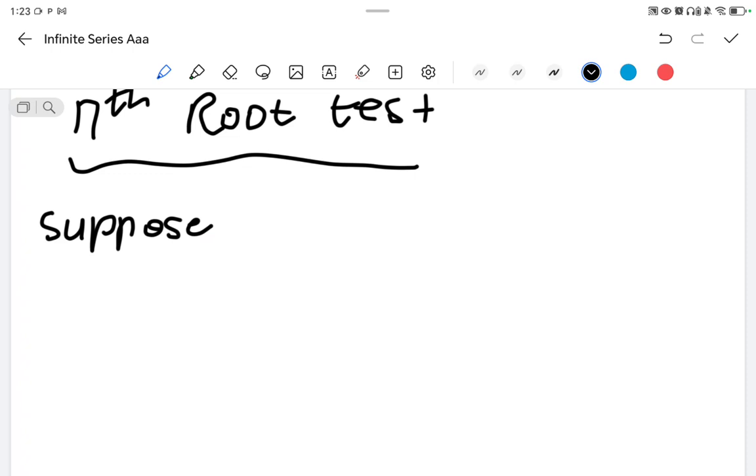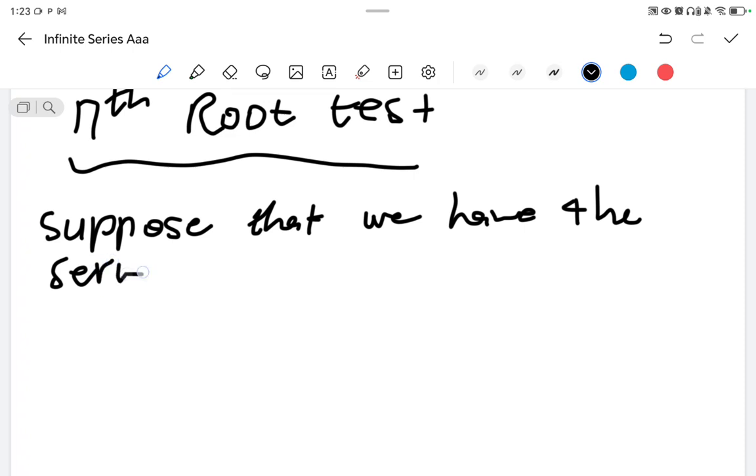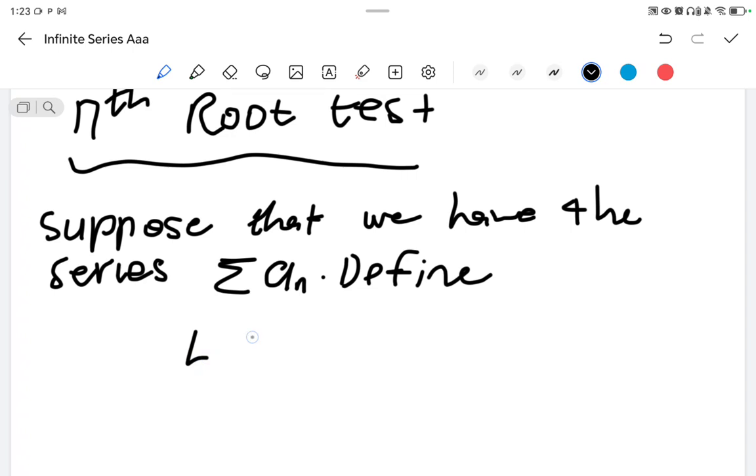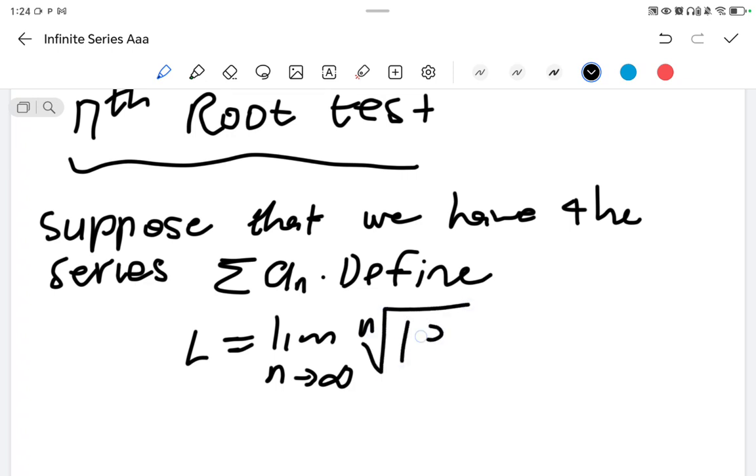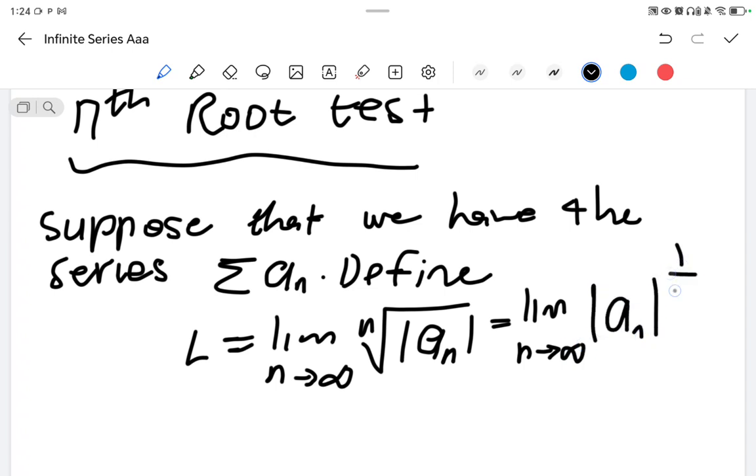Then if we have this series, we're going to define L as equal to the limit as n approaches infinity of the nth root of the absolute value of a sub n, which will be equal to the limit as n approaches infinity of the absolute value of a sub n to the power 1 over n, which is the same as this.